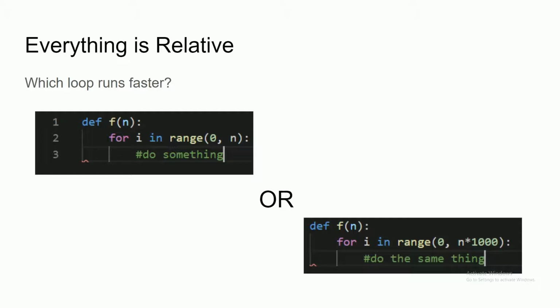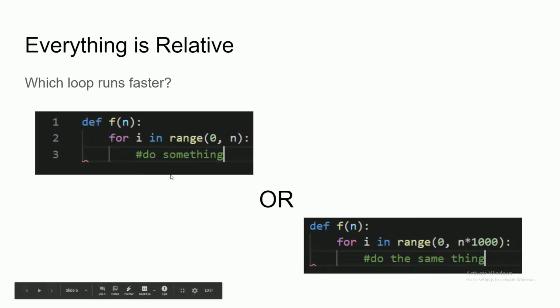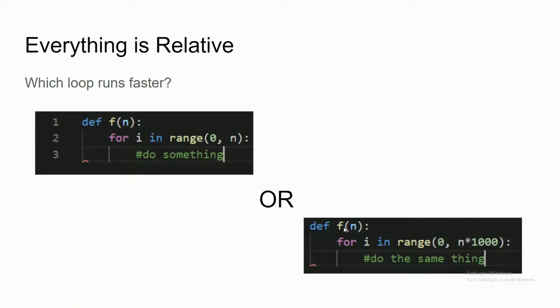So a great example here are these two loops, where this function has a loop that runs n times, and this function has a loop that runs 1,000 n times. So this loop down here is obviously going to take longer to finish than this loop. However, when we double n, what's going to happen to the runtime of these two functions?